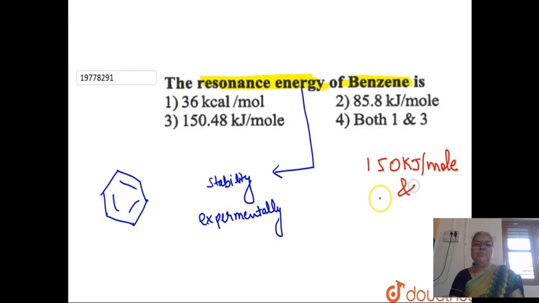The difference of these two is found to be 151. So the difference of 151 kilojoule is the resonance energy of benzene.